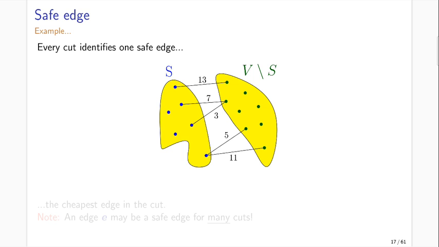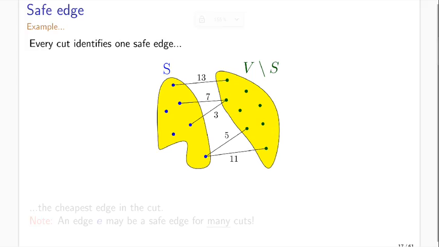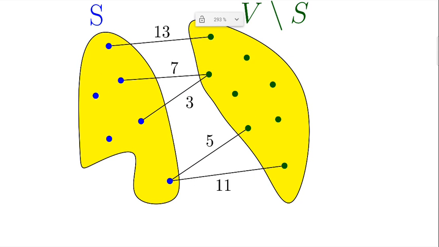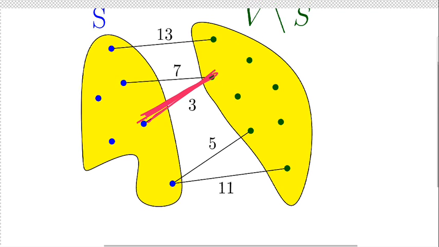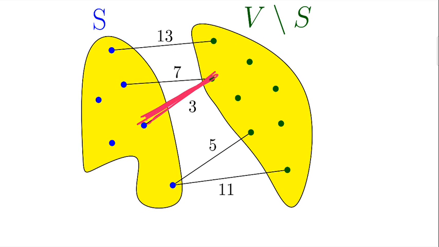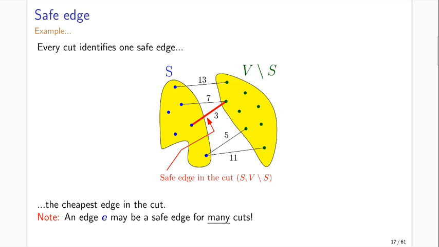Okay, so again, safe edges are the cheapest edge in the cut. So if you look at this cut, for example, the safe edge is going to be this one because its weight is 3. Now, very importantly, the number of cuts in the graph is exponential, so an edge E might be safe for a large number of different cuts.